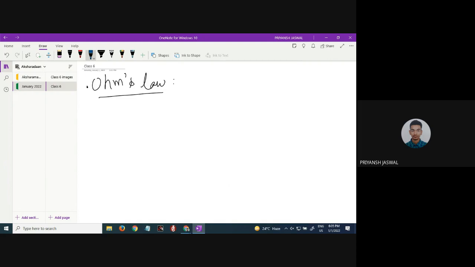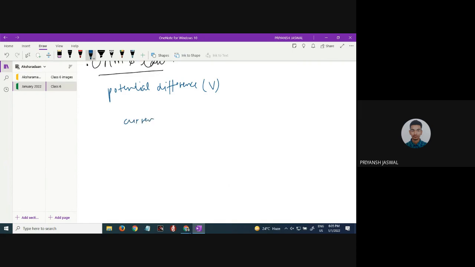So before that, let me remind you what we studied in last class. We studied about potential difference. Its symbol is V and its SI unit is the volt. And we also studied the current.